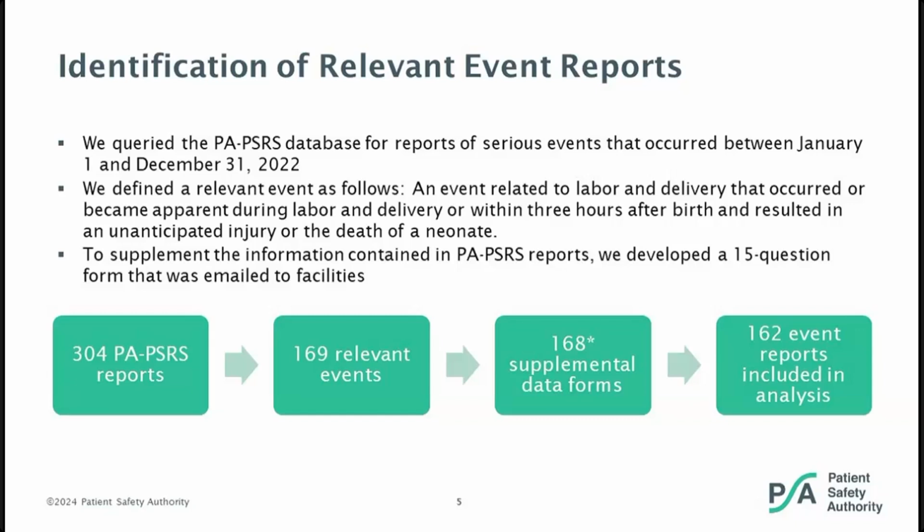One facility had closed from the time that we identified the relevant events and sent out the forms. That's why we sent 168. And after reviewing the information provided in the supplemental data forms, we excluded 6 additional reports that did not meet our definition of a relevant event. So the data in the report then reflected 162 event reports to be included in the analysis.